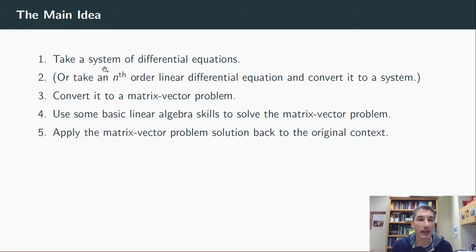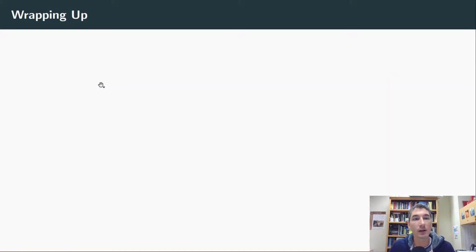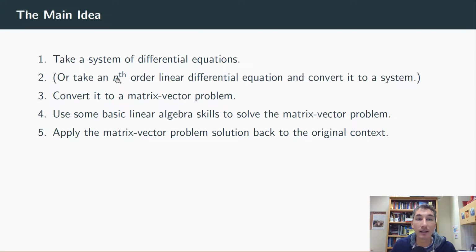So the main idea, if I want to summarize this, is we're going to start with some system of differential equations that we want to solve, or, and we'll talk about this later, you can take an nth order linear differential equation and convert it to a system. So a spring mass problem is initially a second order linear differential equation. If we do a little math to it, we can turn it into a system of differential equations and then use what we're doing right now to solve it via a system.